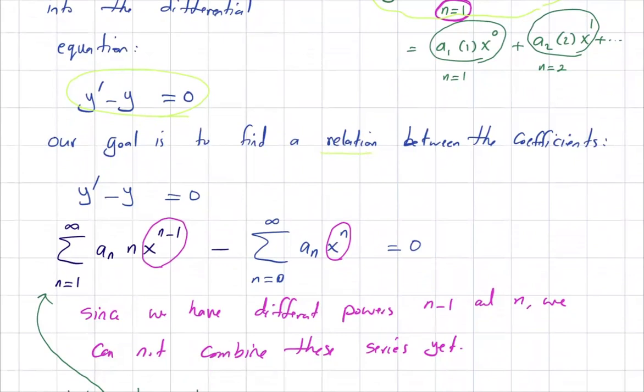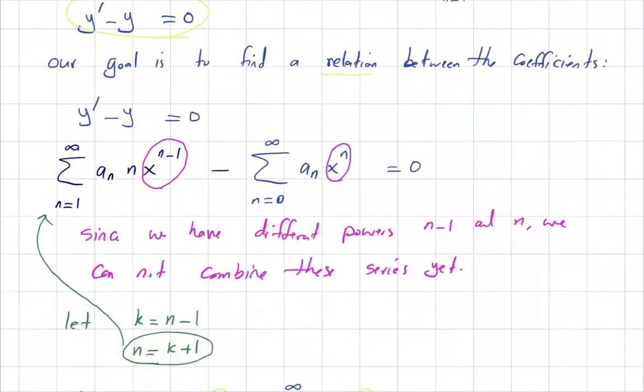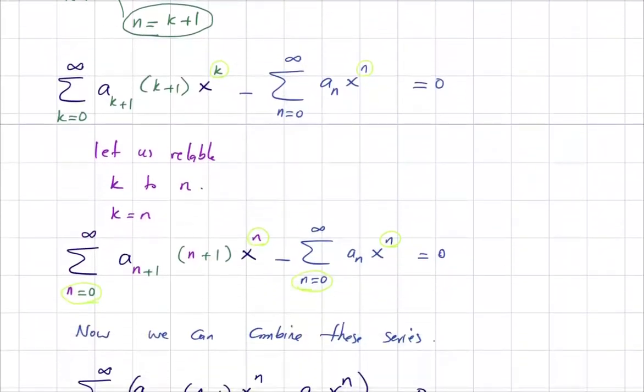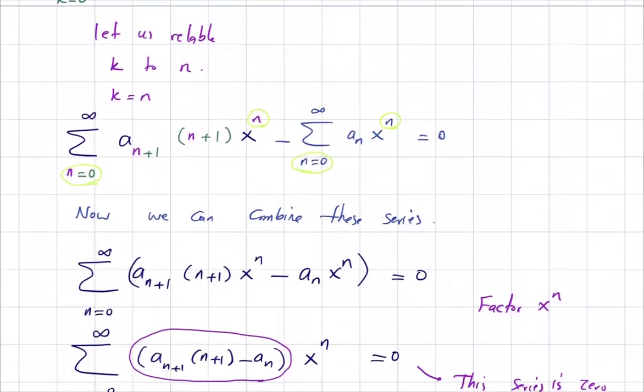What we did, we introduced some dummy variables, we relabeled these, and we saw that this can be written as the summation of a sub n plus 1 times n plus 1 x to the n, minus the summation of a sub n x to the n, and starts from 0, goes to infinity.